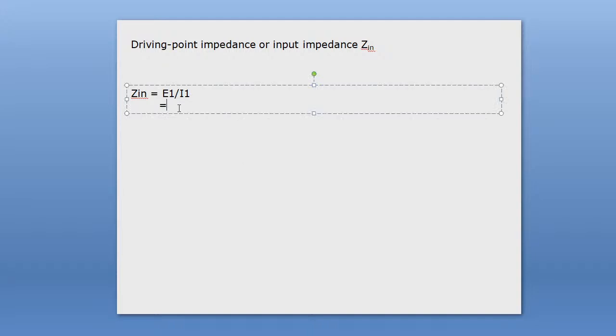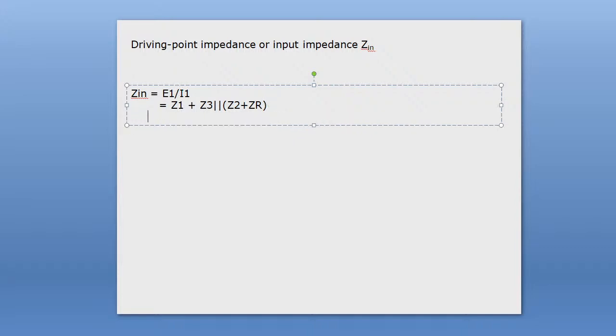We can write the overall impedance equal to Z1 in series with the parallel combination of Z3 with Z2 and ZR. Everyone try to understand this point.